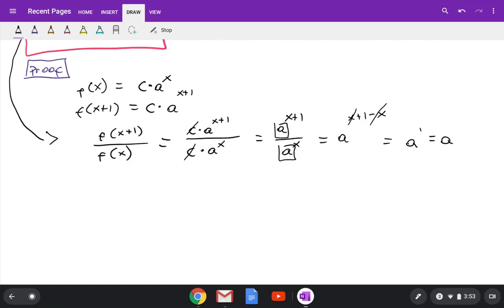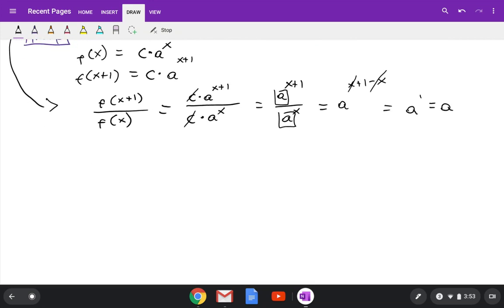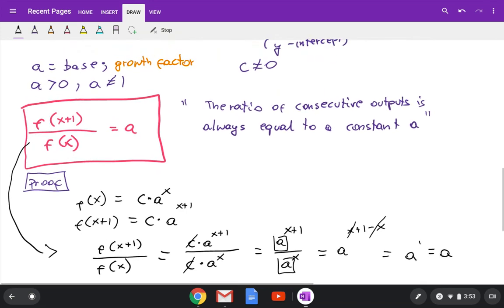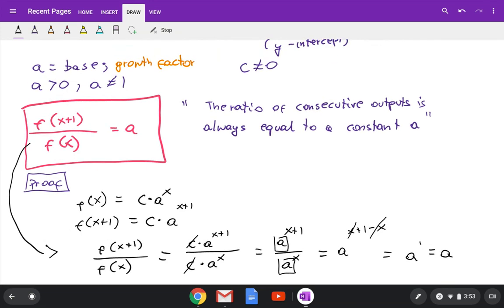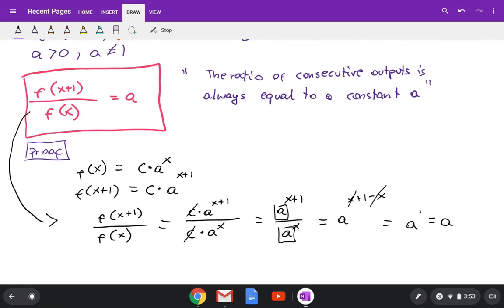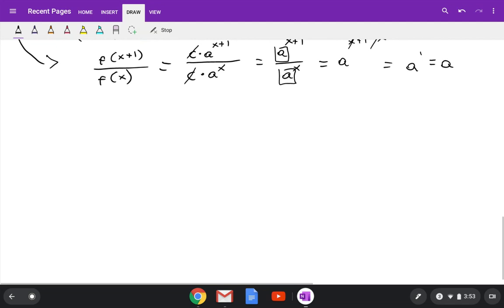Okay. Next, we're going to do an example, but before we do the example, I want to review. This is the note that the ratio of two consecutive outputs is always equal to a constant a. This is how you're going to know if a given function is exponential. Let's write two important notes.